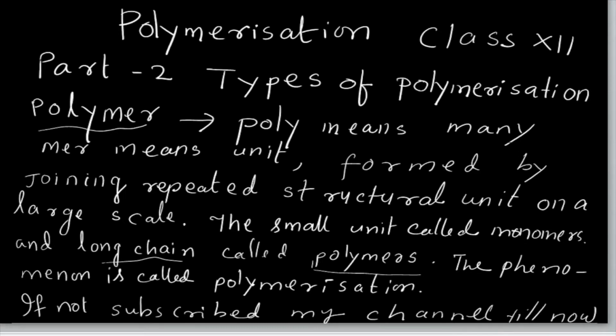A garland, a rose flower garland. This garland is called a polymer and the process is called polymerization. And that one single rose flower is called a monomer. I hope it is clear how you use it in daily life, and what is polymer and polymerization.